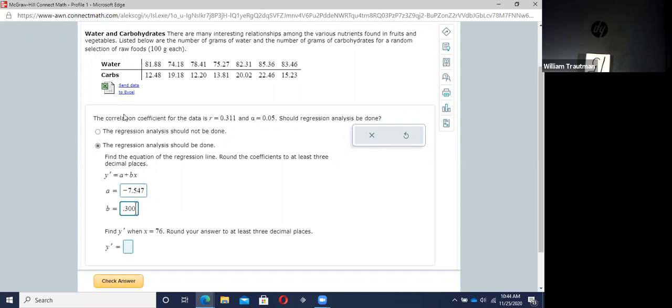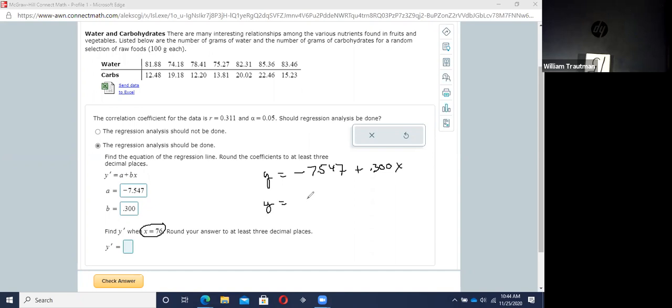If I'm able to write on this, I think I am, yeah. So my y equals A, which is negative 7.547, plus B, 0.300x. Now it says, what happens if x is 76? What is the answer?